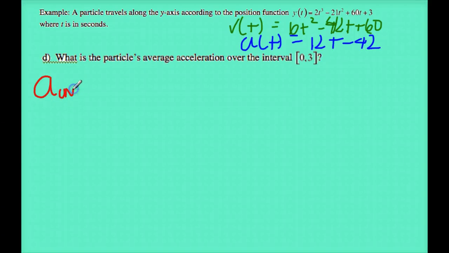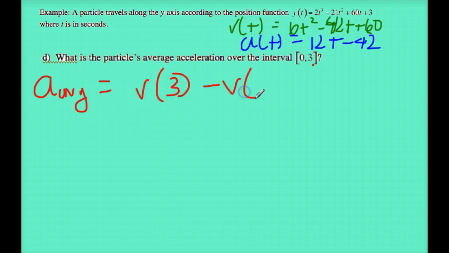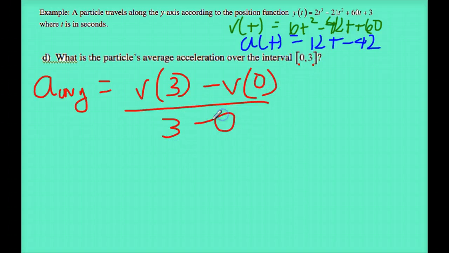Average acceleration is equal to v of t2, which is 3, minus v of t1, which is 0, divided by 3 minus 0. If I plug in 3 into the top value, what I'm going to get is negative 12. So v of 3 equals negative 12.